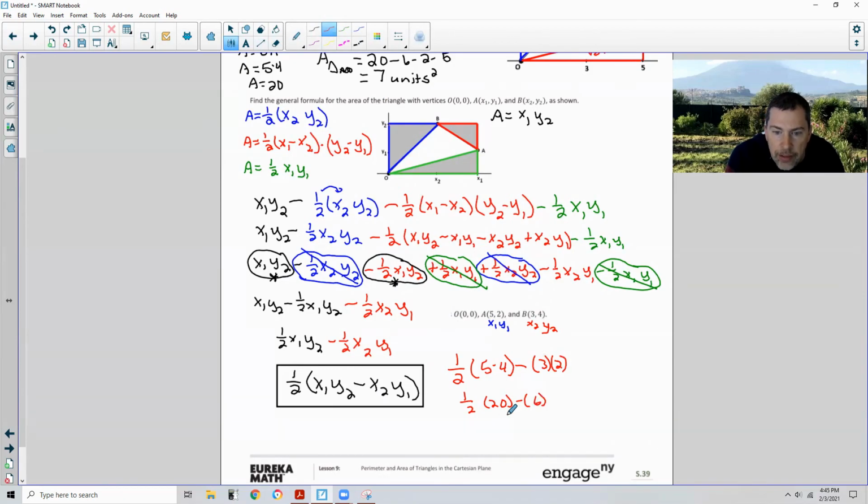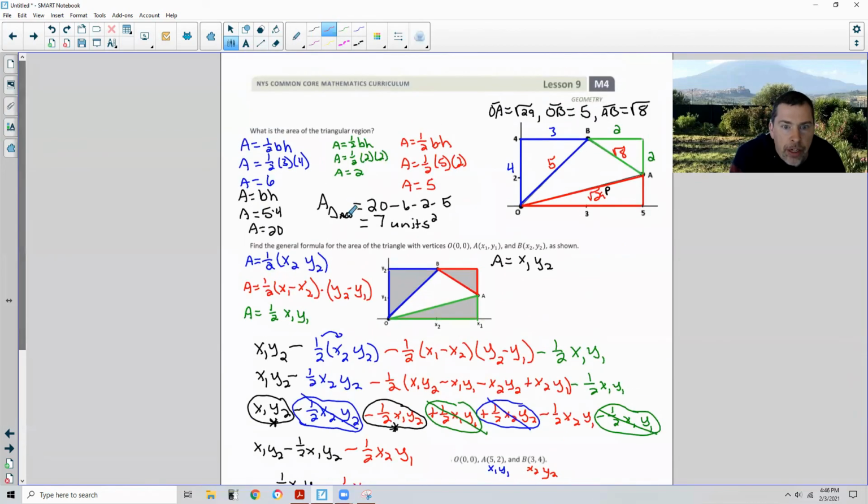That's in parentheses, so I should just leave it like this. I want to do what's in the parentheses first, following order of operations, and then finish. So it's 1/2, 20 minus 6, which is 14, and 1/2 of 14 is 7. And if we go back up to that prior problem, we got 7.